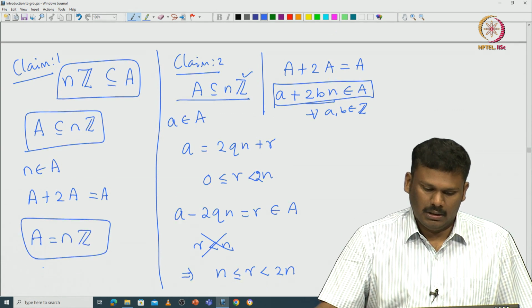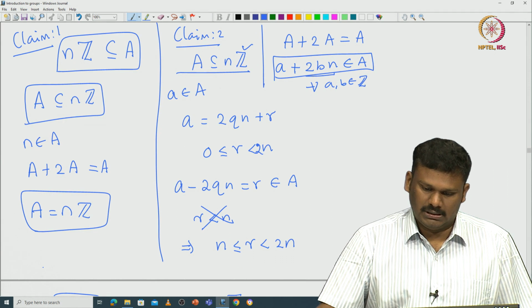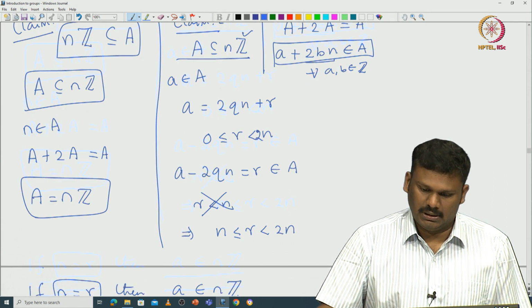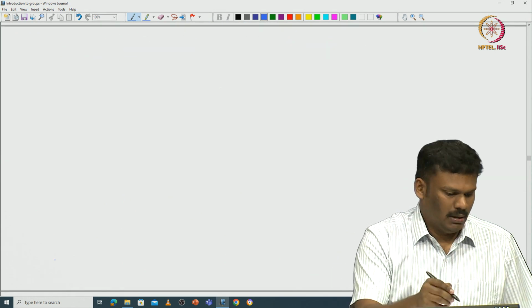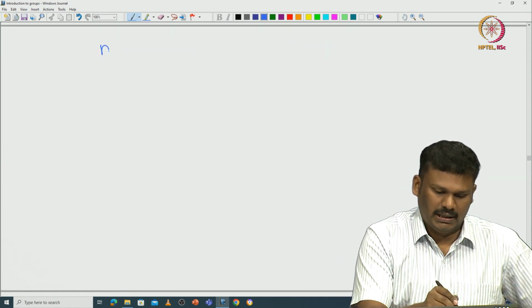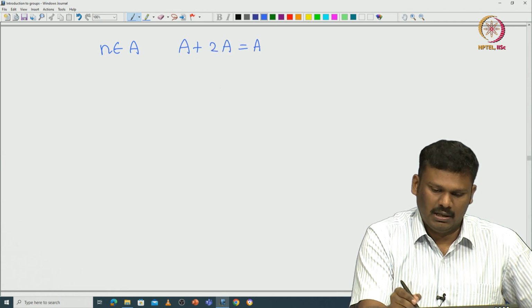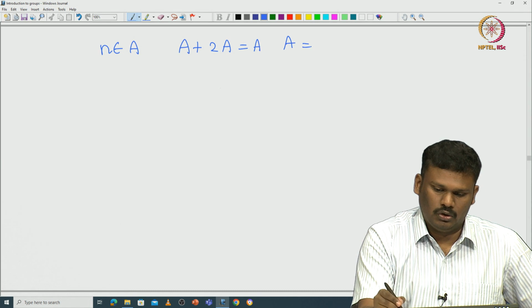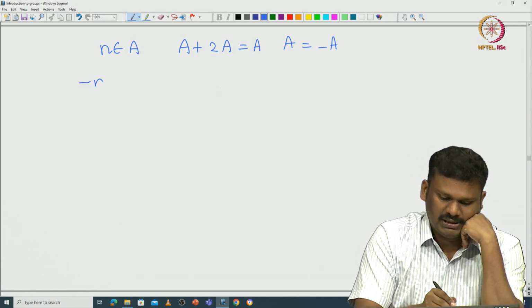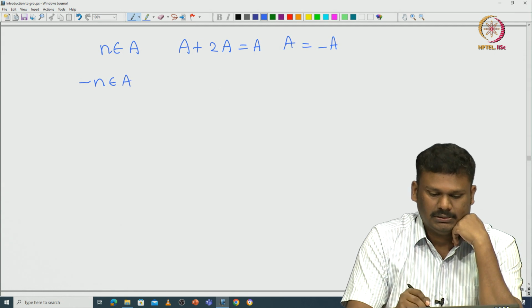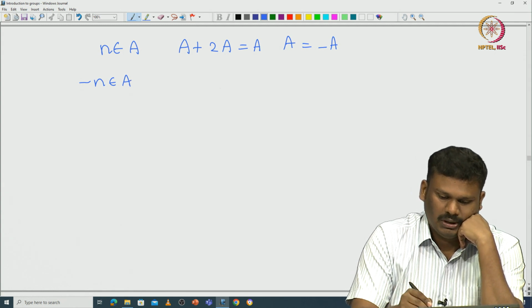Okay. So, let us do it step by step and then we can actually reach it. So, you have n is in A and then A plus 2A is A and A is also equal to minus A. Okay. So, that means minus n is already in capital A.